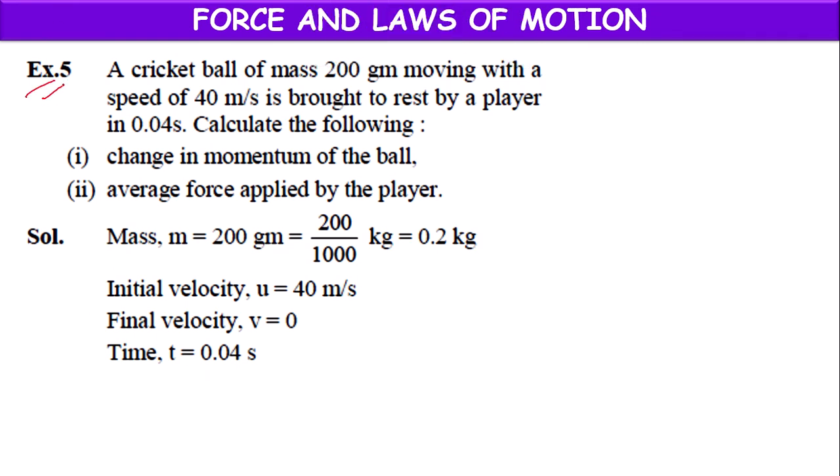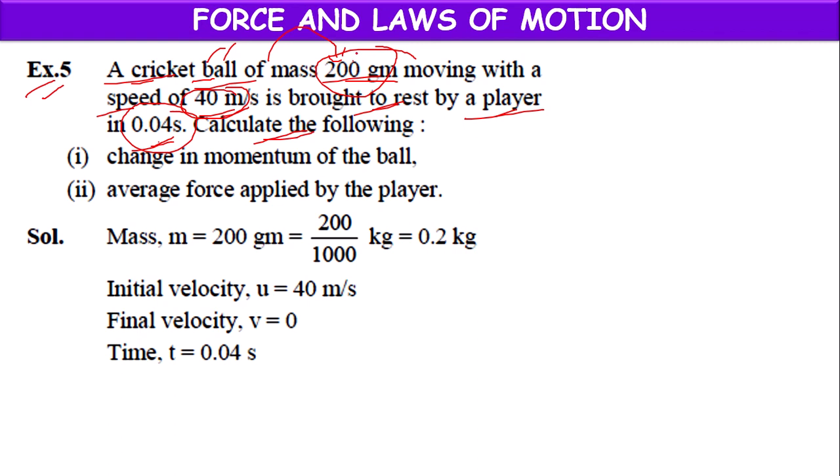Next one. Example 5. A cricket ball which is having a mass of 200 grams, moving with a speed of 40 meter per second, is brought to rest by a player in 0.04 seconds. Calculate the following.